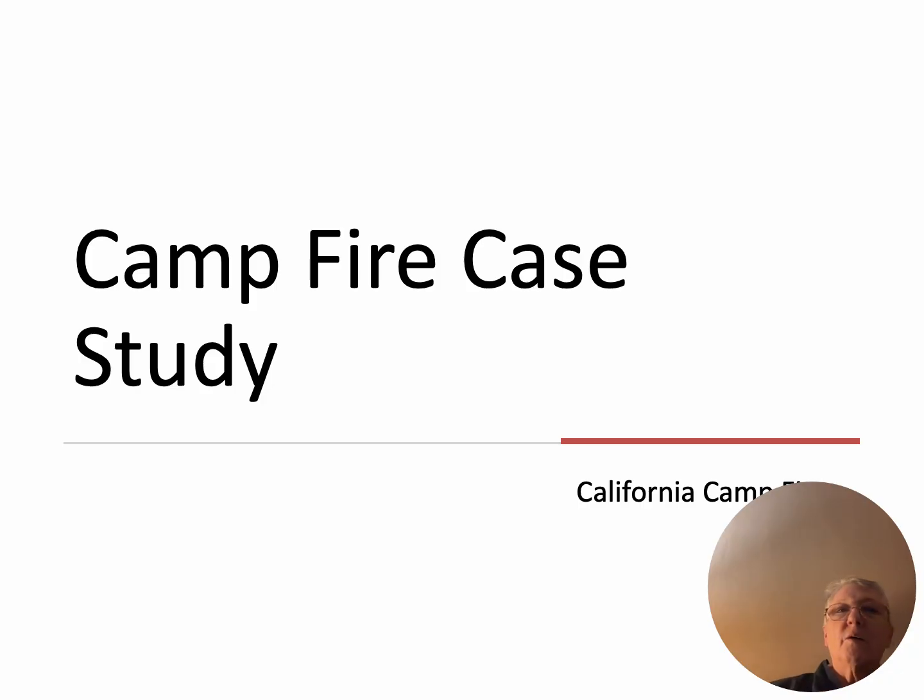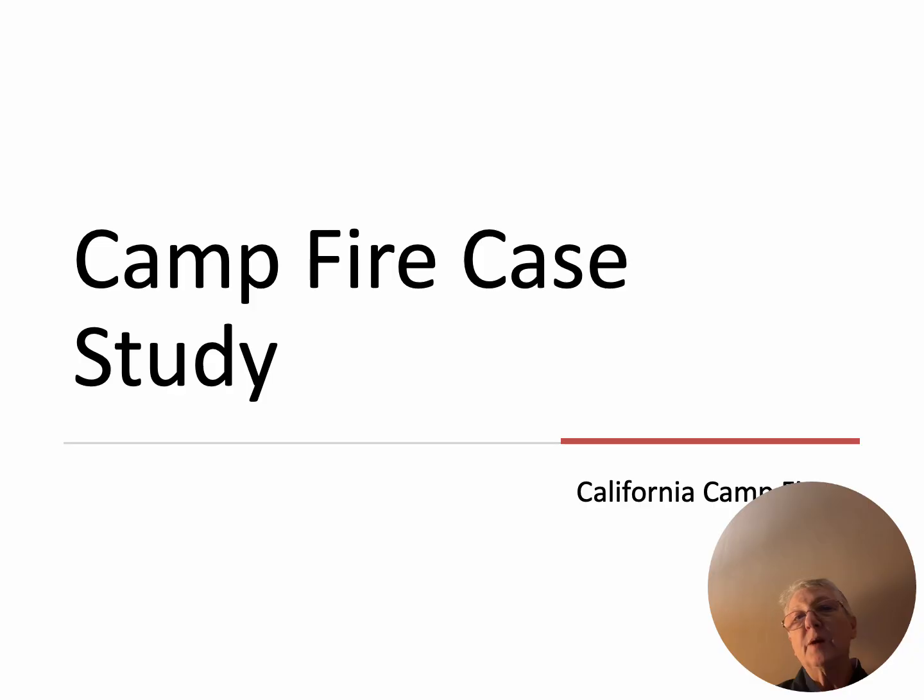We're going to now talk about an example. So the example I want to use is the Camp Fire in California that began on November 8th, 2018 in Butte County, California. Now we all know that the Palisades fire is more recent, and there are more recent fires. But this one, there's a lot of data about, and it's going to be easy for all of you to look up.